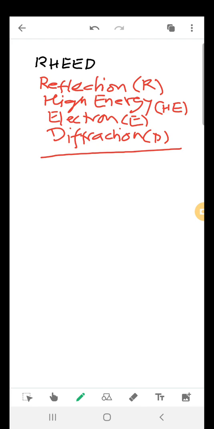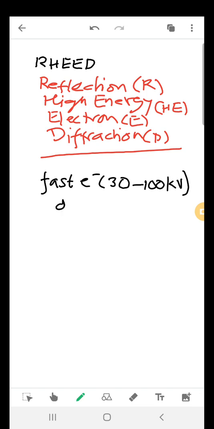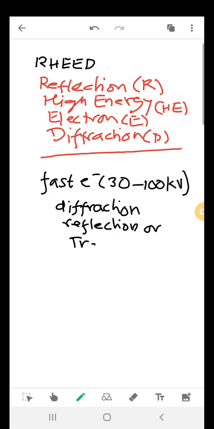Now, if the electrons are fast, accelerated with a voltage of 30 to 100 kilovolt, they undergo diffraction while undergoing reflection or transmission.